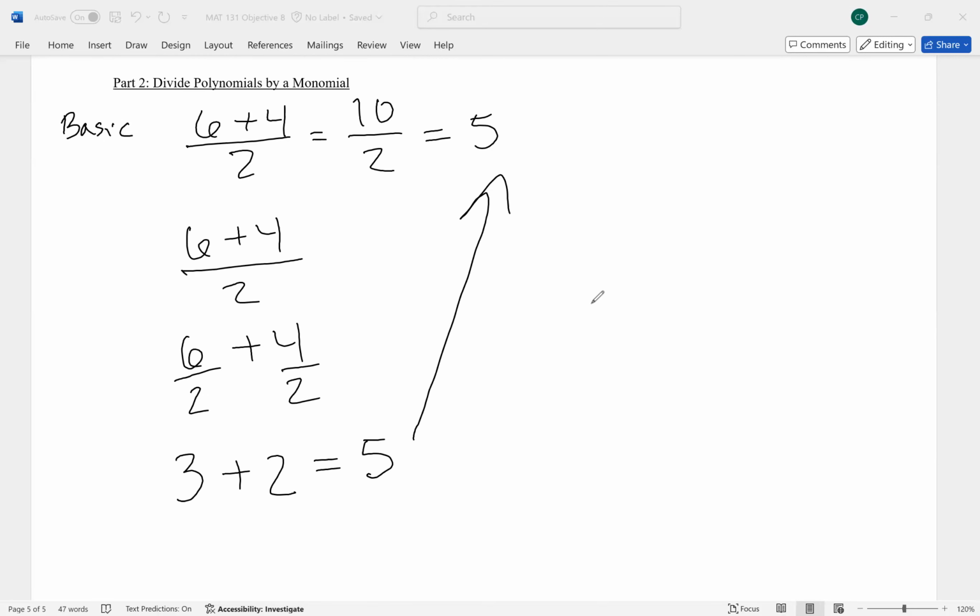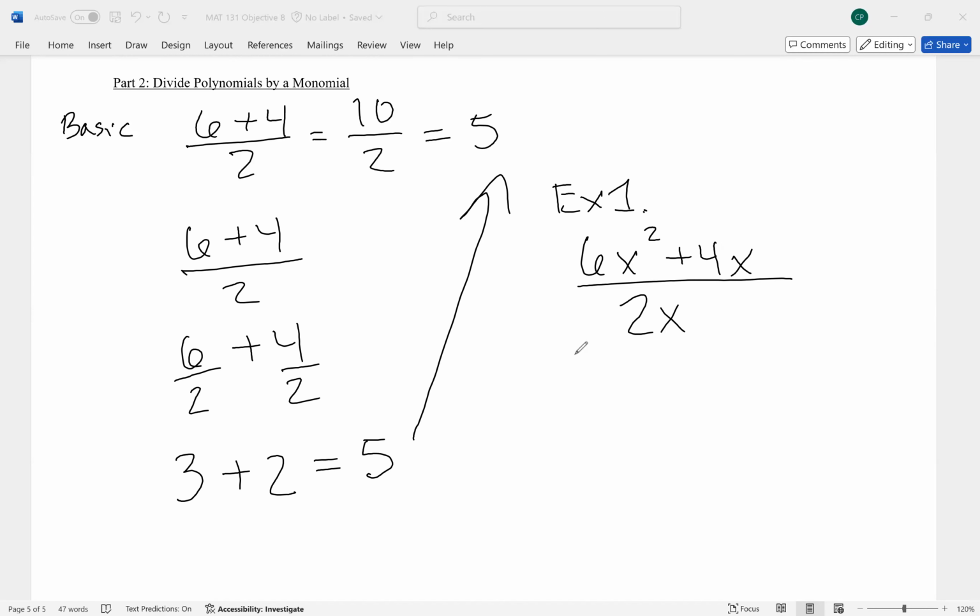Okay. So for our first example, well, let's say we had 6x squared plus 4x over 2x. Okay. And the reason why we needed this basic information, because in example 1, the 6x squared and the 4x are not like terms, so we can't just combine them to get 10.